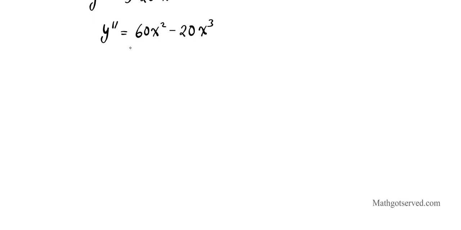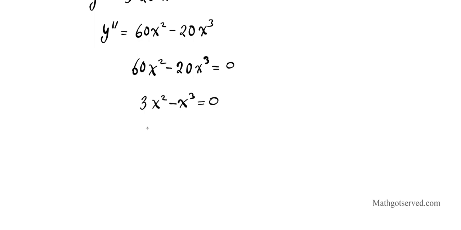To get the boundary points, we're going to set y double prime to 0 and solve. So we have 60x squared minus 20x to the third equals 0. We can divide everything by 20. So we have 3x squared minus x to the third equals 0.